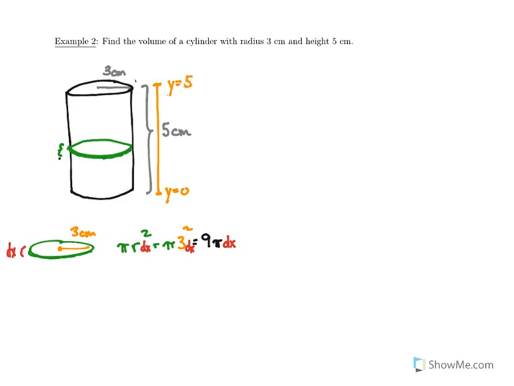In that way, then this distance wouldn't be dx, this would be dy. It's a small change in y. That means that all of these things would be dy instead. So the area here would be pi r squared dy or pi 3 squared dy.